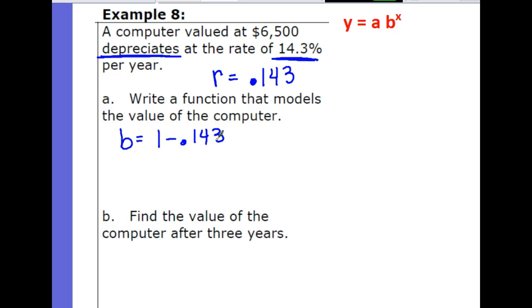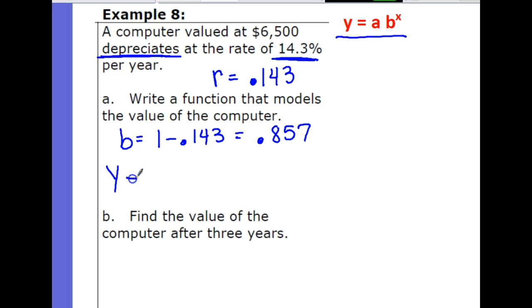So what is 1 minus 0.143? Now, that's not the equation. That's just the B. The equation is going to be like this.